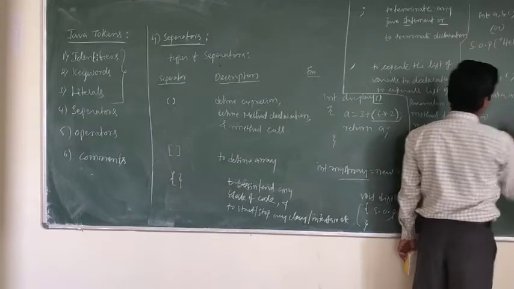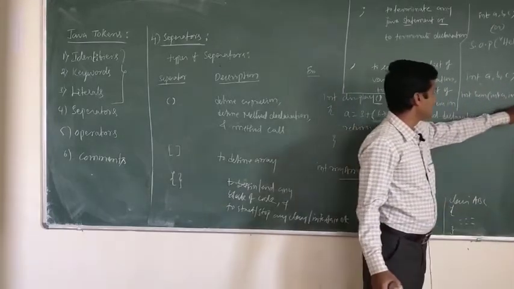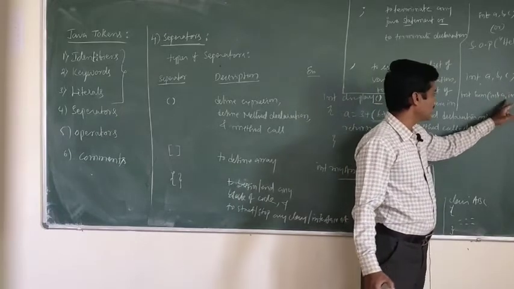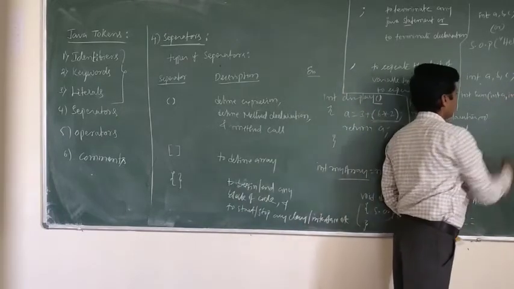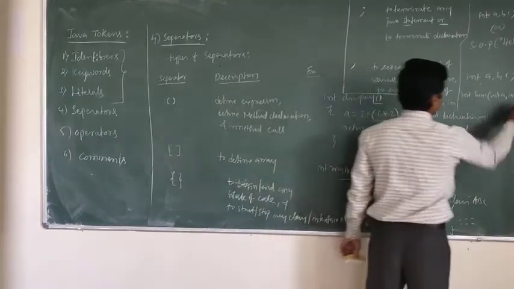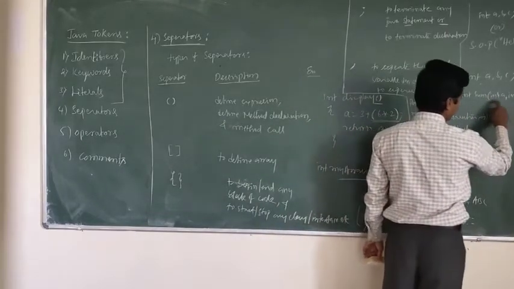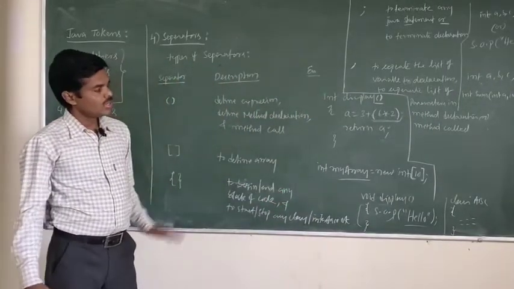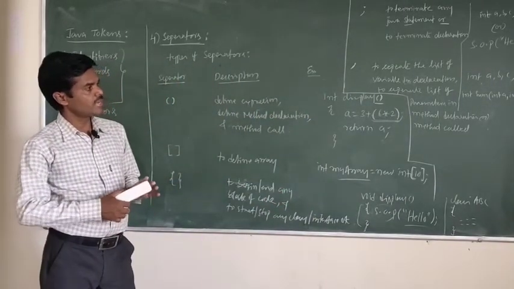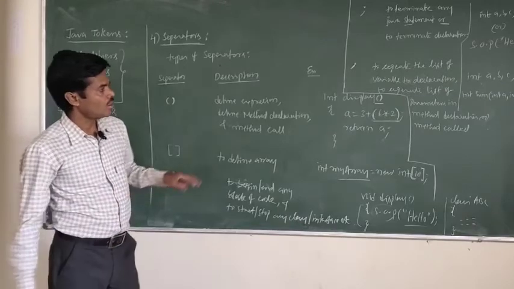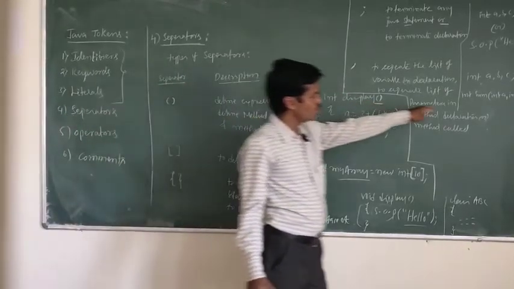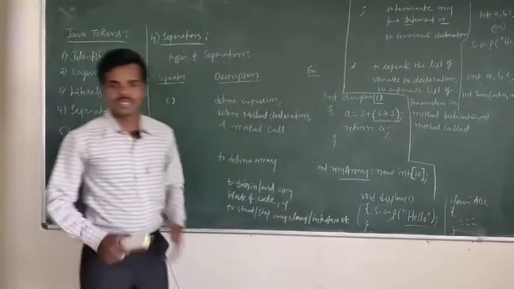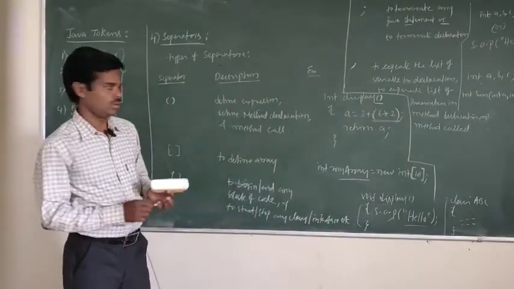Here int a and int b are two parameters or arguments, separated by the comma. So the comma can be used to separate the list of variables of the same data type in a single line, and also the list of parameters or arguments in a method being declared or called.